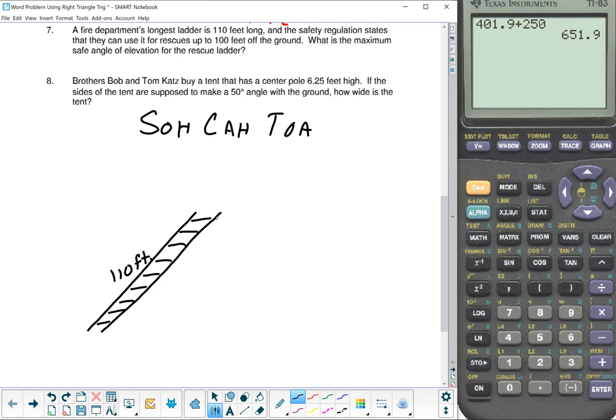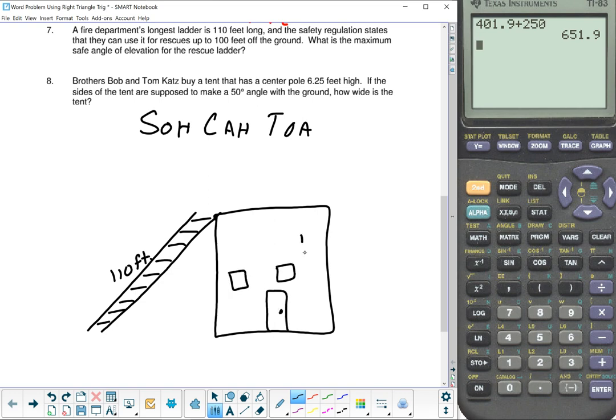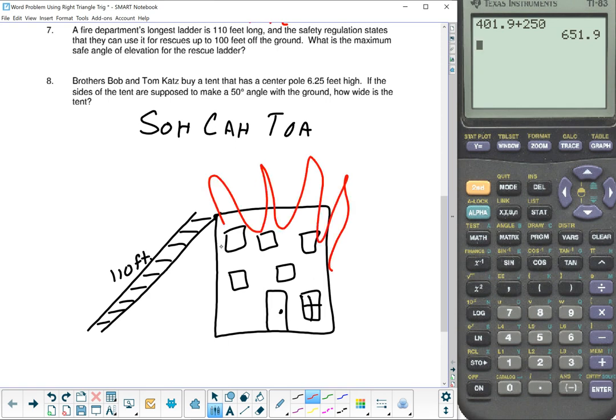So let's say a burning building. Okay. That doesn't look right, but who cares? Right. Burning building. 100 feet only.